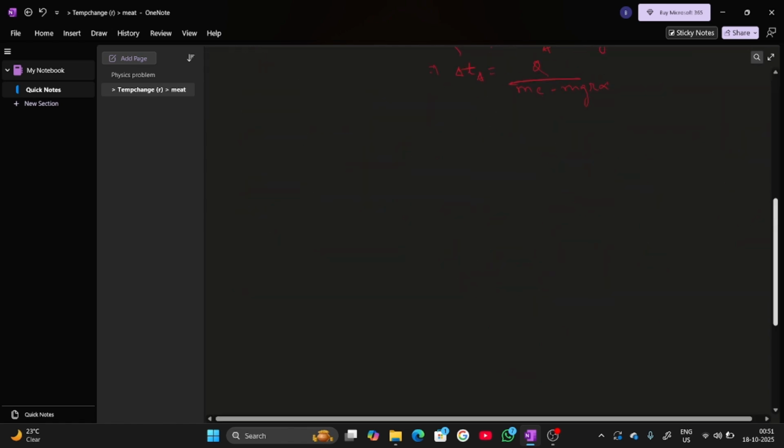Now let's find for case B. Similarly, B rests on a horizontal surface. We gave it Q heat. So B expanded. We are not considering any change in state. The initial position of the center of mass of B is here.